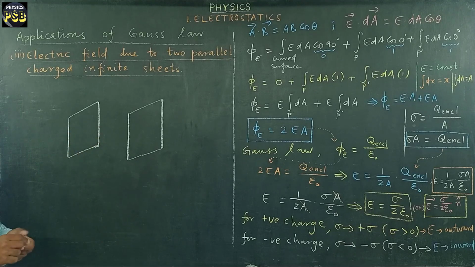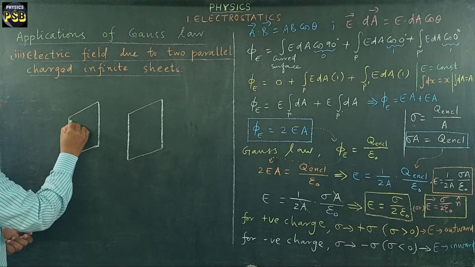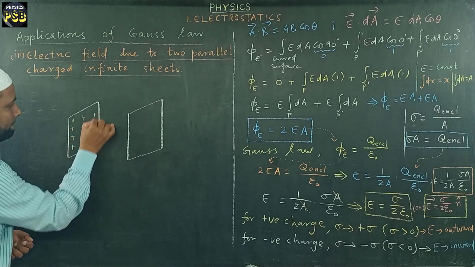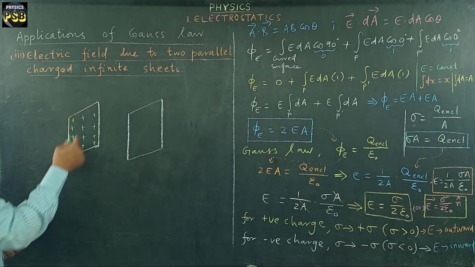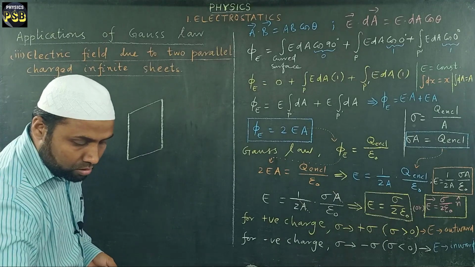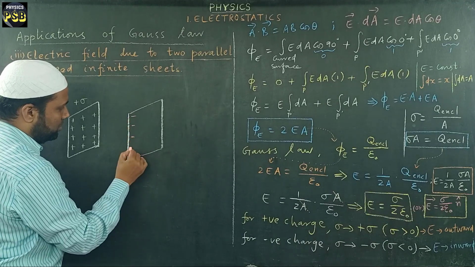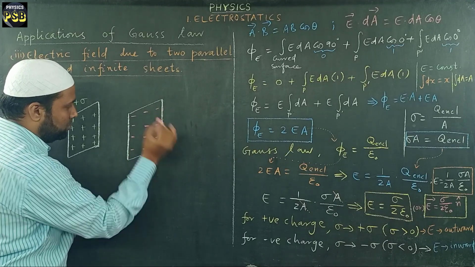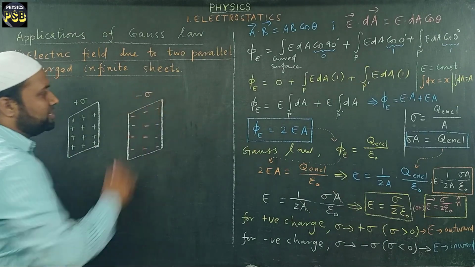Both of them have the same area and are kept parallel to each other. This sheet carries positive charge, so the surface charge density of this sheet is plus sigma, whereas this sheet has a negative charge, so its charge density is minus sigma.